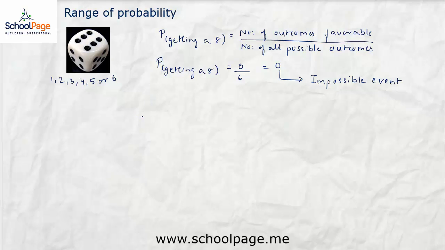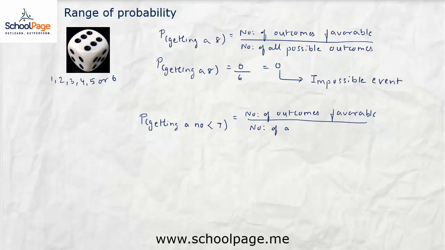Let us now find the probability of getting a number less than 7 on a 6-face dice in a single throw. So the probability will be equal to number of outcomes favorable upon number of all possible outcomes.